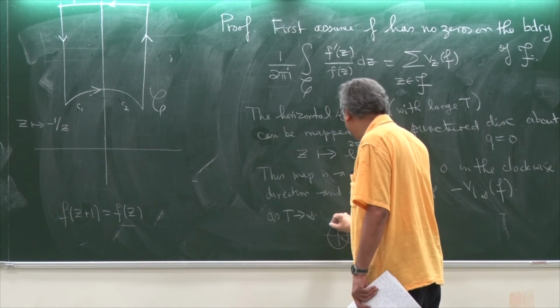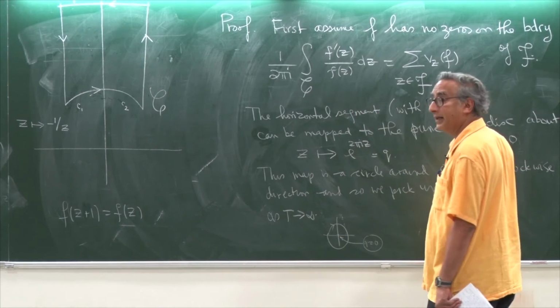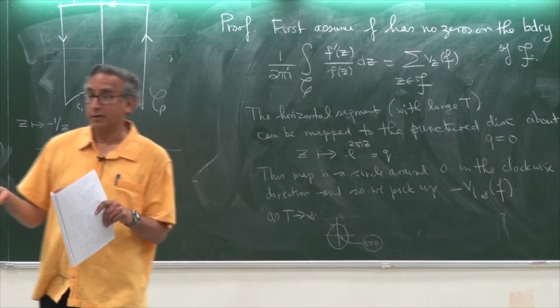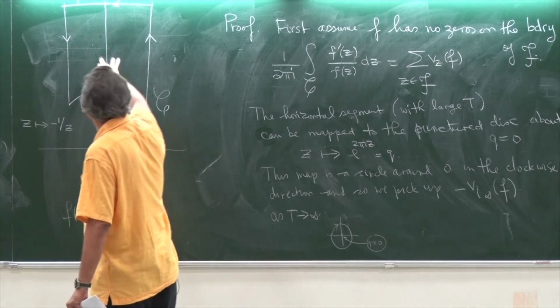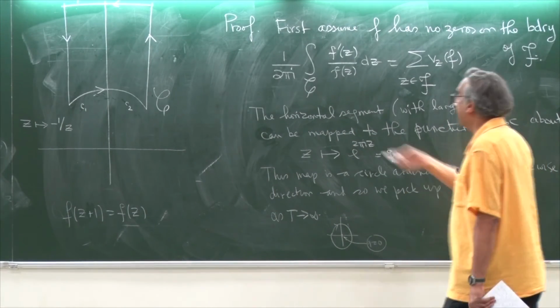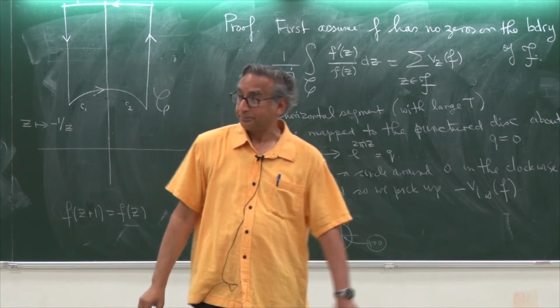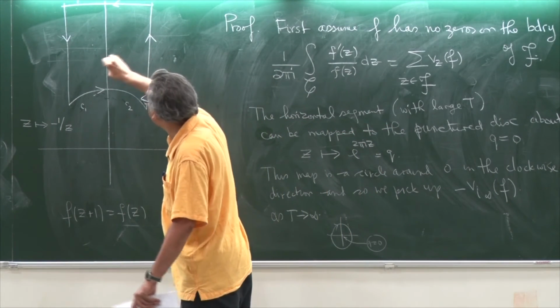So I'm picking up the order of the zero, but with the minus sign. That's what this minus sign is. It's still classical complex analysis. So all the other zeros are here, and I've now managed to include the contribution of the zero at infinity by seeing what this top line is doing. Okay? So the only other stuff that's remaining are these zeros that are here.